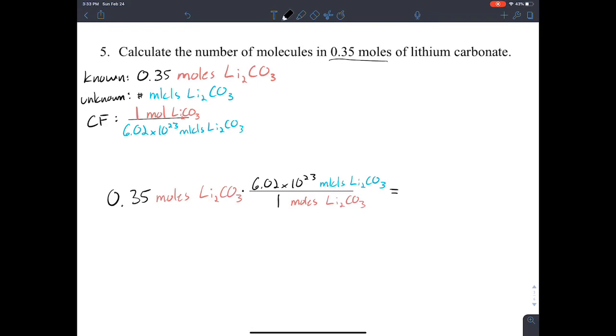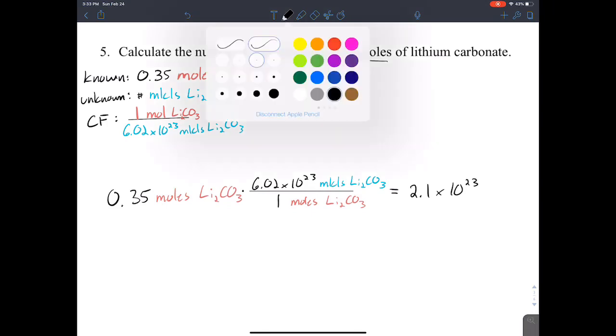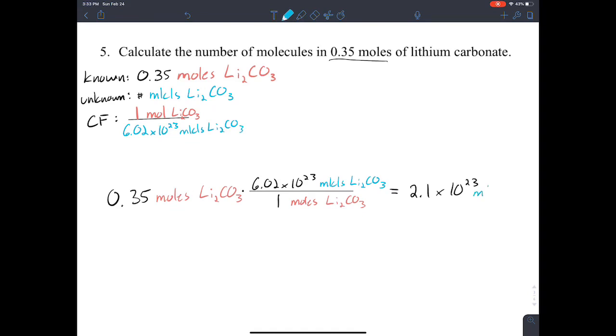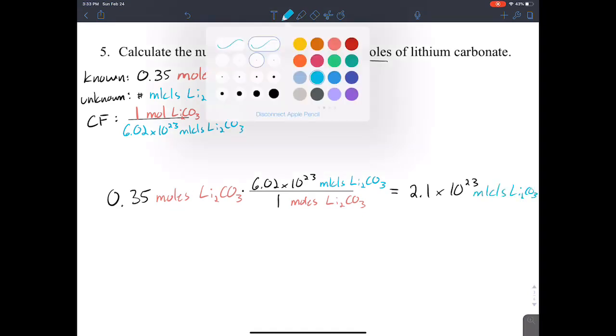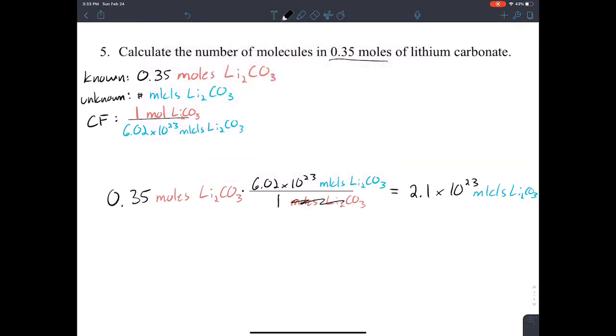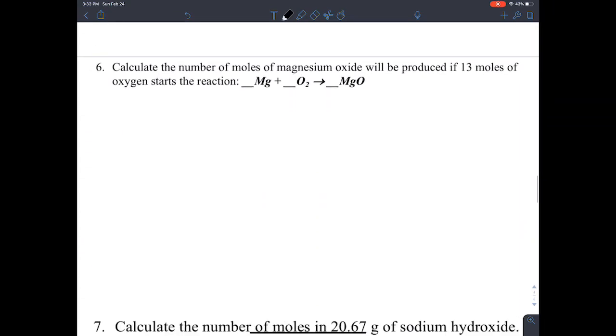So we get 2.1 times 10 to the 23rd molecules of lithium carbonate. We know that because our moles cancel and we're just left with molecules of lithium carbonate.